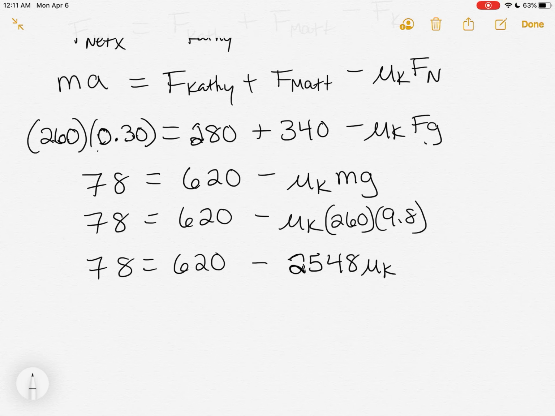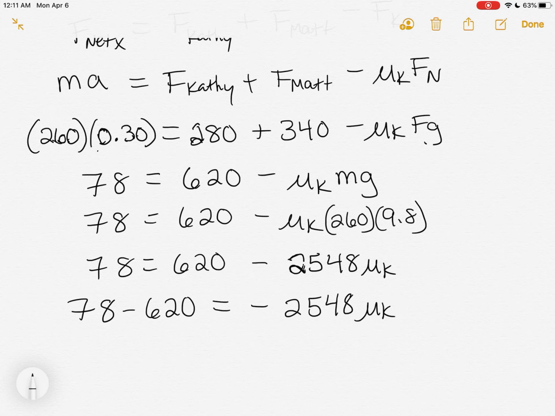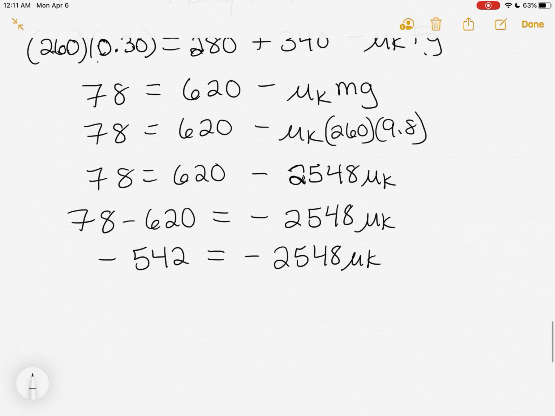So then we're just going to rearrange this and solve for mu k. So we'll end up with our 78 minus our 620 is equal to our negative 2548 mu k. So 78 minus our 620 is negative 542. It's equal to our negative 2548 mu k.